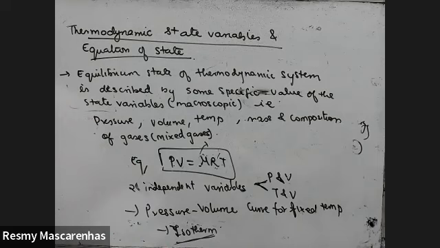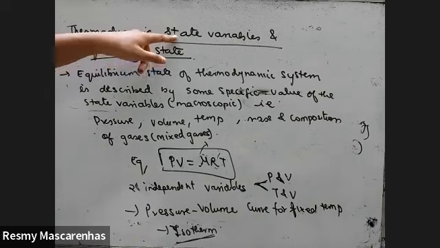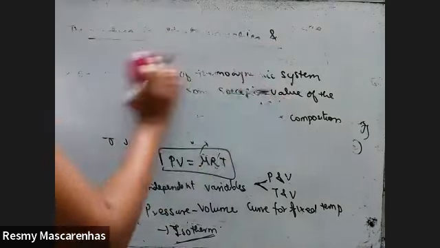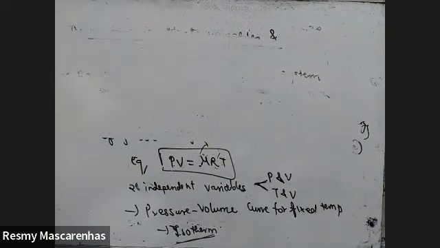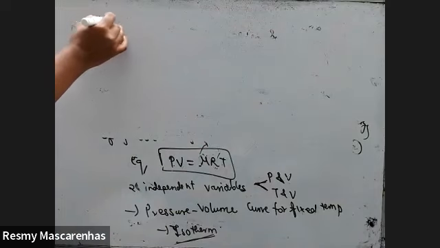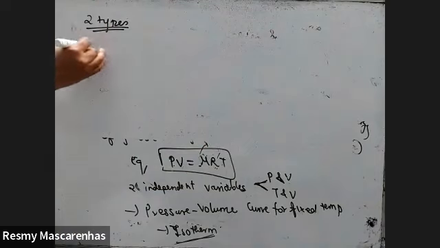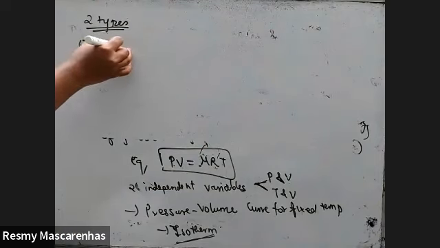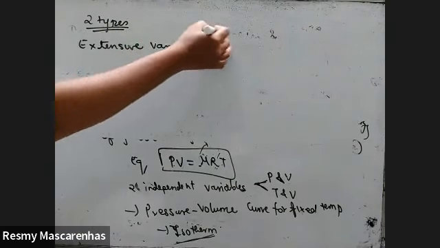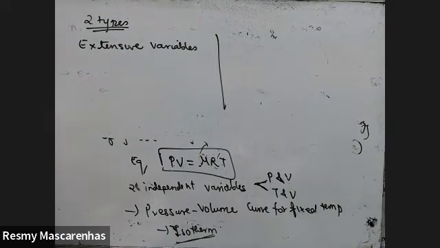Now the state variables can be described in two ways, two types. They are called extensive variables or intensive variables.